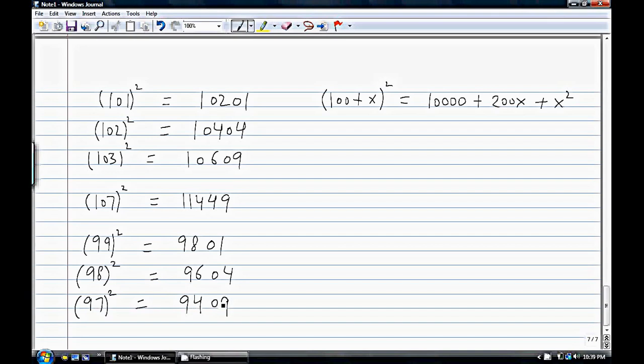So I can go until 91. 91 square is equal to, 9 times 2 is equal to 18, and 100 minus 18 is equal to 82. I'll write 82 here, and then 9 square is 81, so 8281.